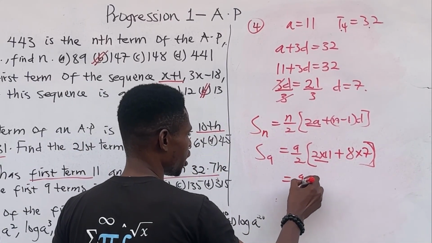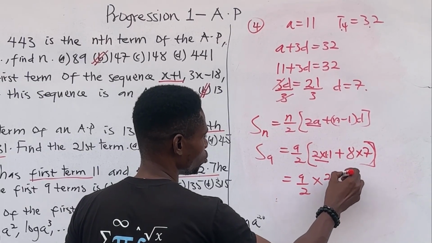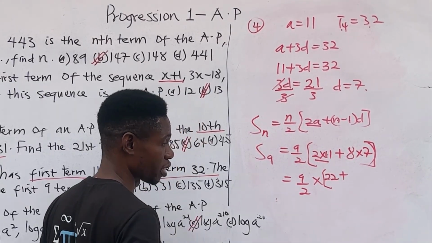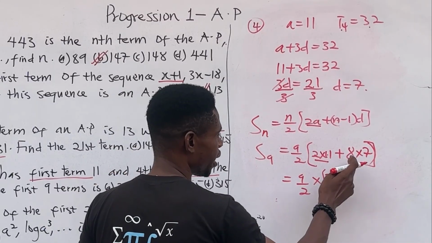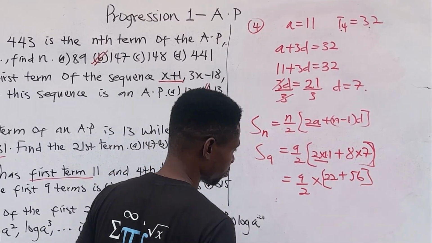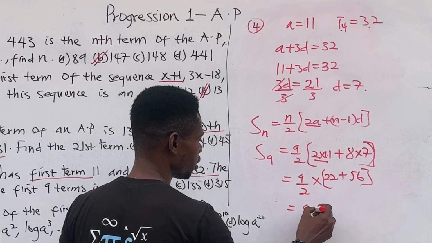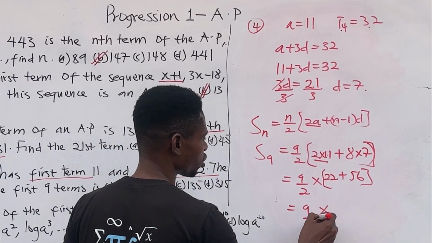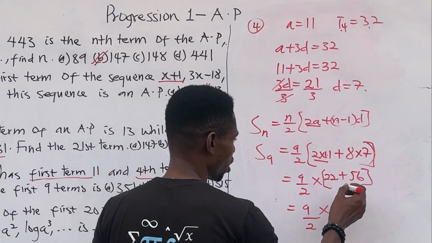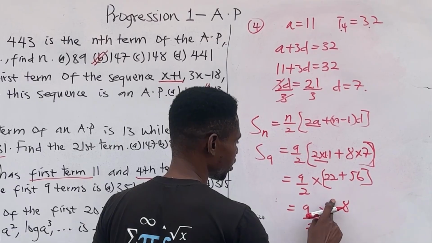So we'll have 9 divided by 2 multiplied by 2 times 11, that's 22, plus, let's put this in a bracket, 22 plus 8 times 7, that's 56. So what we'll have is 9 divided by 2 multiplied by, sorry, 78.